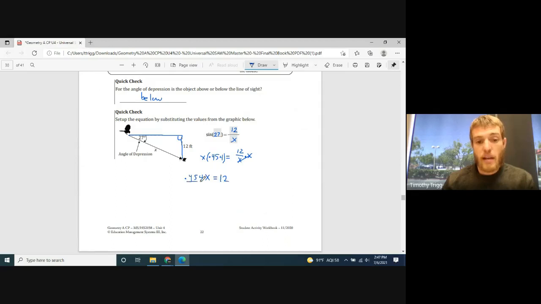To get x by itself, we divide by 0.454. 12 divided by 0.454 gives me that x equals 26.4. In other words, that's the distance between the bird and the mouse if you go straight there. So that's the length of the hypotenuse, 26.4.